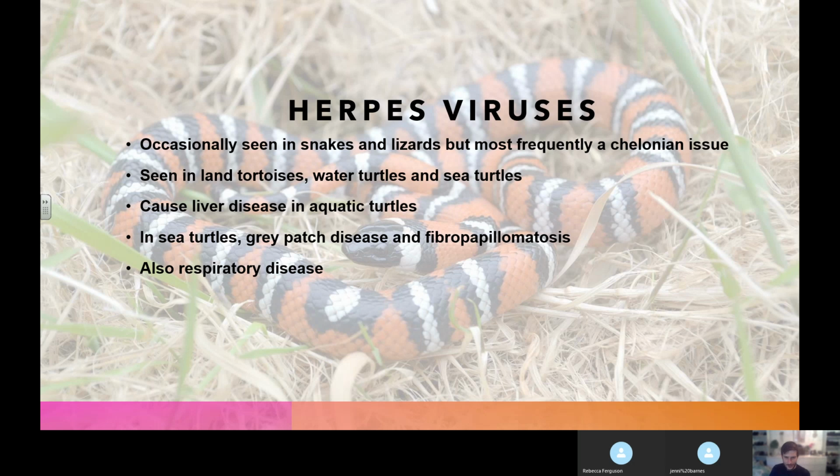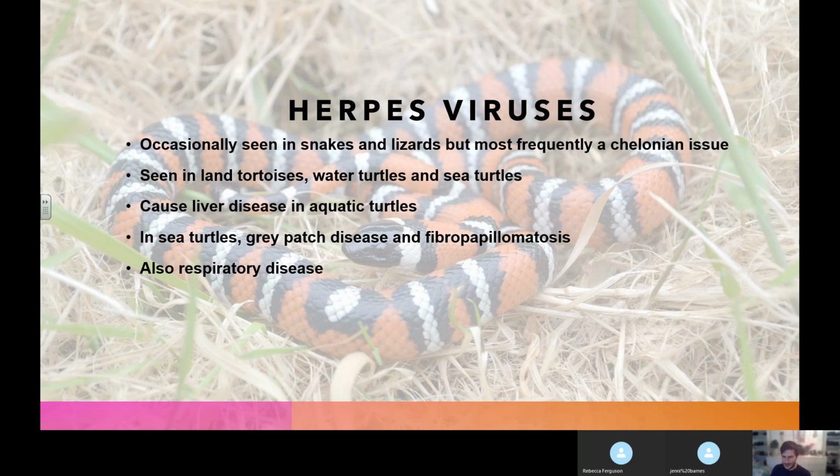Fine, so moving on swiftly, and now we're on to herpesviruses. Now, herpesviruses, although we see them in lots of different types of reptiles, are most frequently an issue with chelonian species, so in tortoises and turtles and sea turtles.